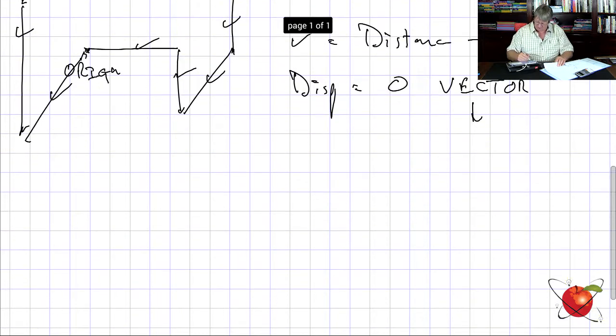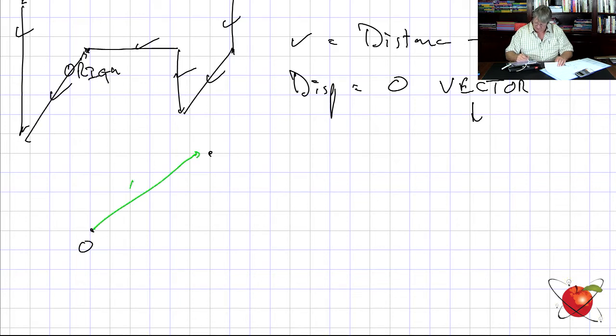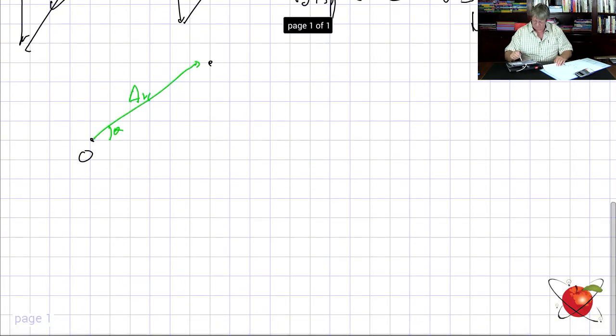I was here, this is my origin, and my displacement is over there, and it's got a direction: north, east, south, west, whichever way it is, correct?